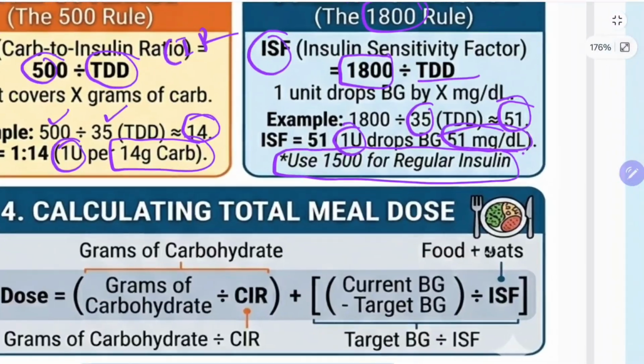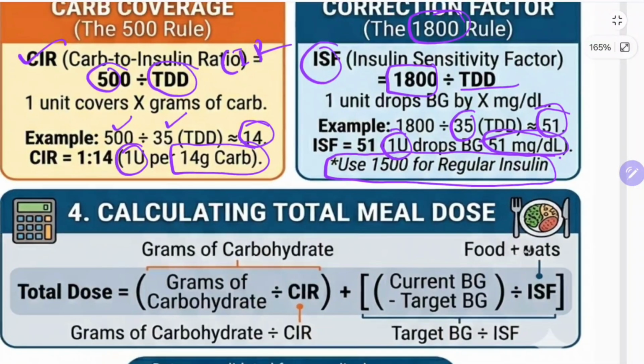Now, one change which is advised by the latest guideline is, don't maintain a static dose of insulin before the meals. Previously they used the sliding method. What is the sliding method? For a particular range of glucose, for example, if the glucose is 100 to 150, give 2 units of prandial insulin.